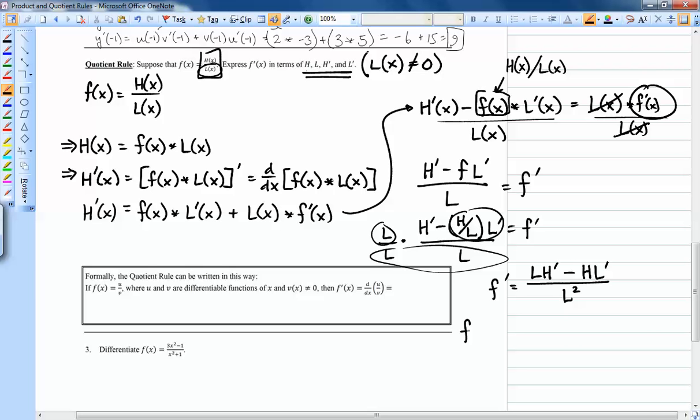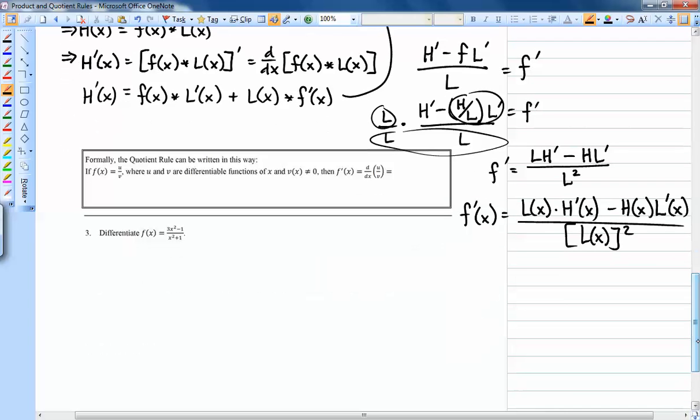So if you wrote it all the way out, it would look like this. A lot of times you leave out all those extra x's, it's just implied. Like this.